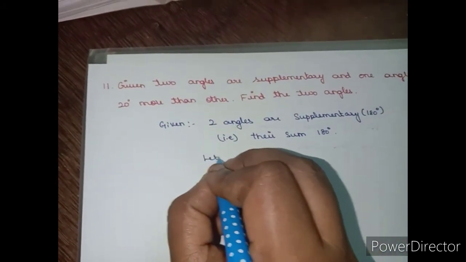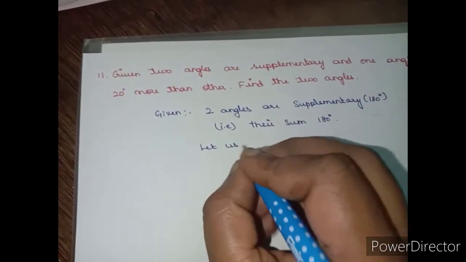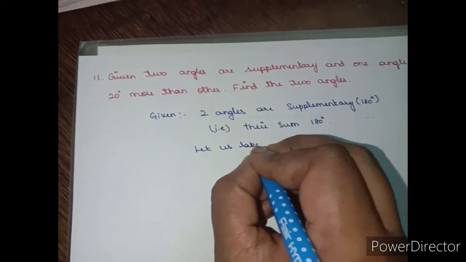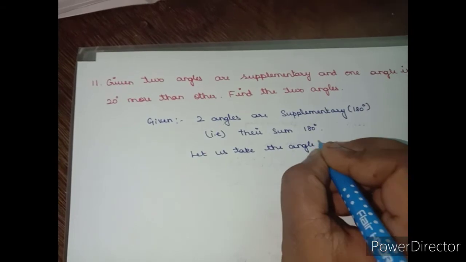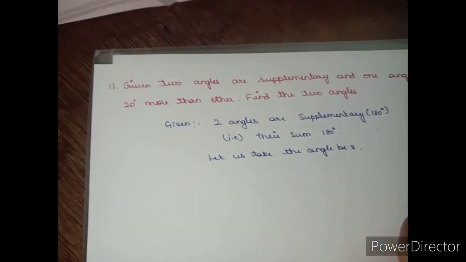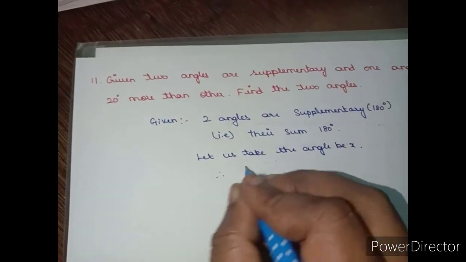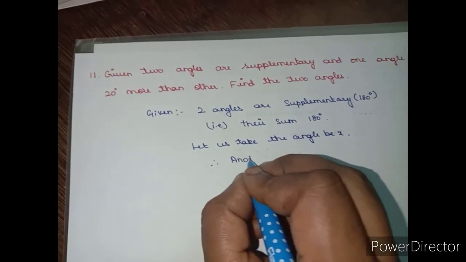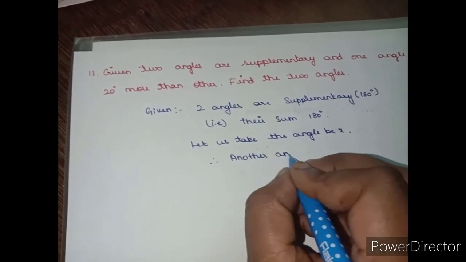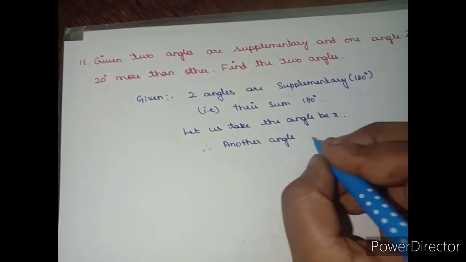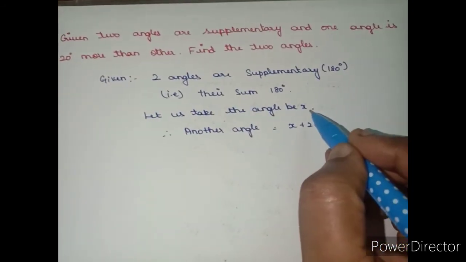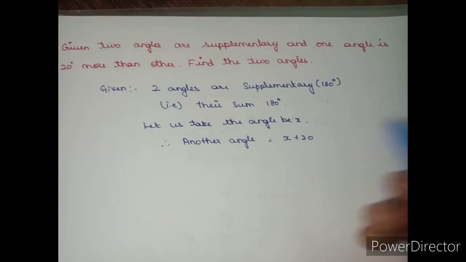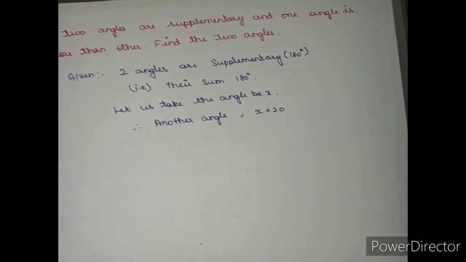Let us take the angle be x. Therefore, what will be the another angle? So another angle will be x plus 20. So whatever we find as x plus 20 will be the other angle.